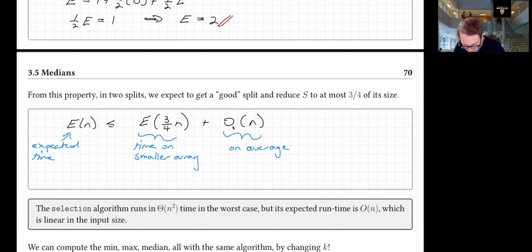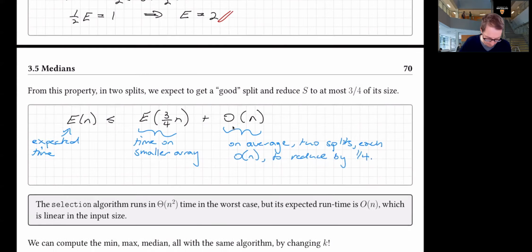So on average, 2 splits, each big O of n, to reduce by 1/4.